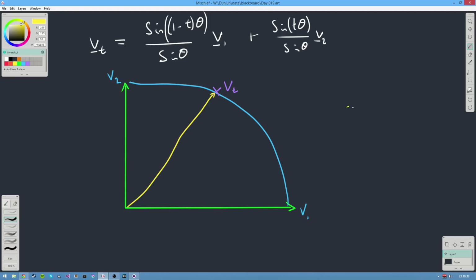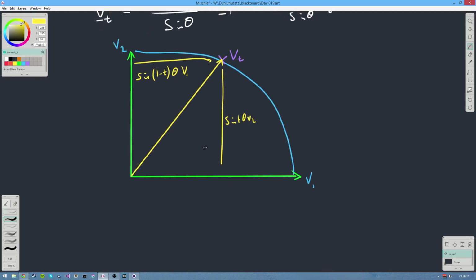I'll make it that straight line actually. So along this line here, this is sine of (1 minus t) theta, v1. And along this line here, this is again sine t theta, v2. And that's what it is.